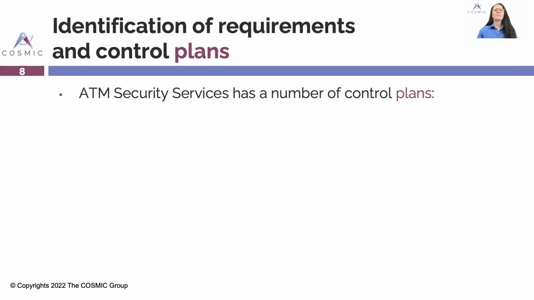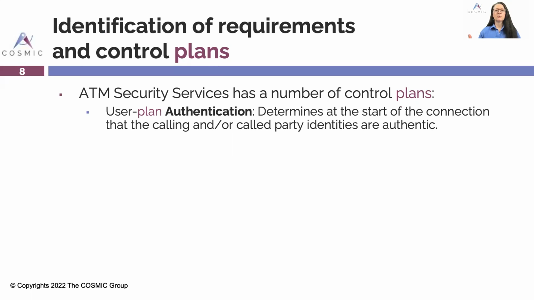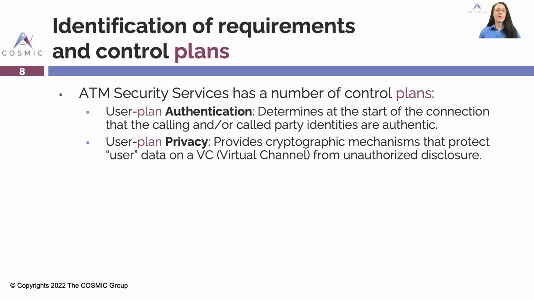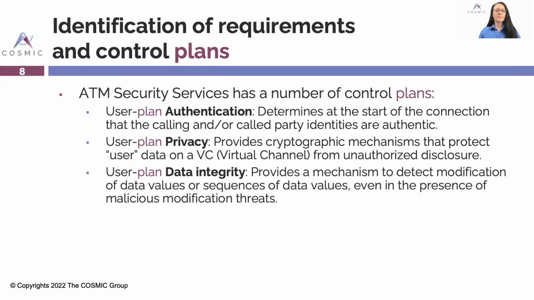Now, to do this, there are a certain number of control plans that could be put in place. For the ATM security, there will be, let's say, the user plan authentication that determines at the start of the connection that the calling and/or called party identities are authentic. Privacy provides cryptographic mechanisms that protect user data on a virtual channel from unauthorized disclosure.